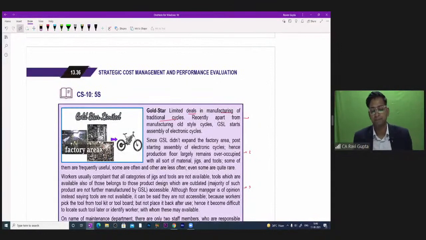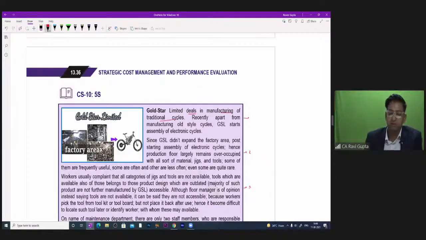So Gold Star Limited deals in manufacturing of traditional cycles. Recently, apart from manufacturing old style cycles, GSL started assembling of electronic cycles. Very good. So we have a traditional type of cycle as well as electronic cycles.